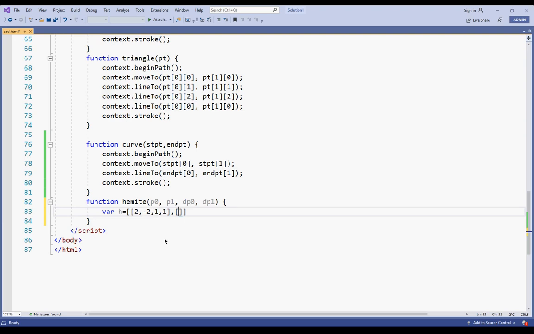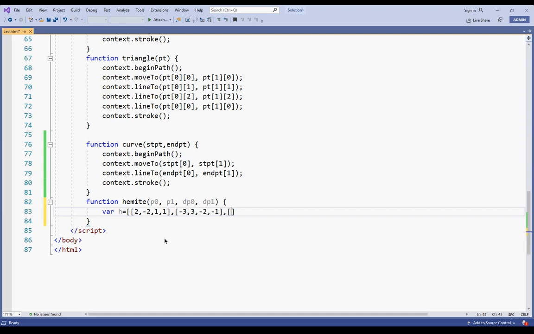Then -3, -2 and of course -1. Next is 0 0 1 0.